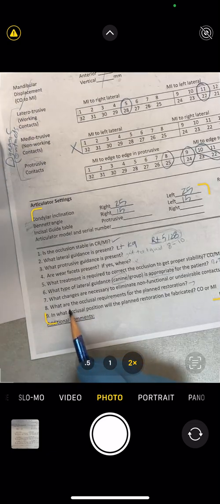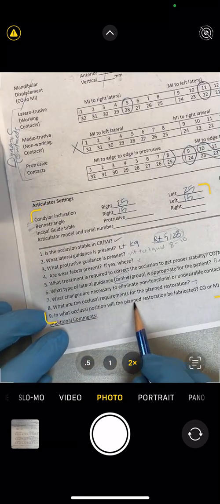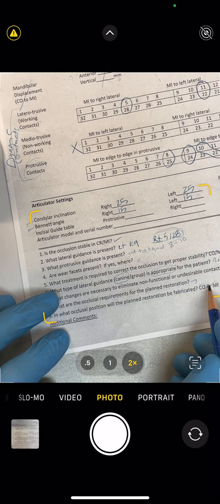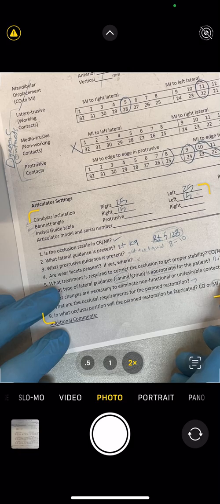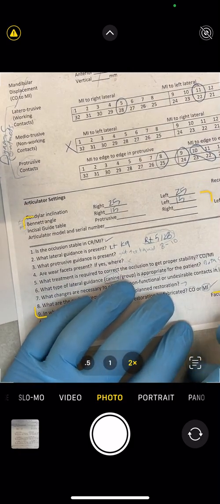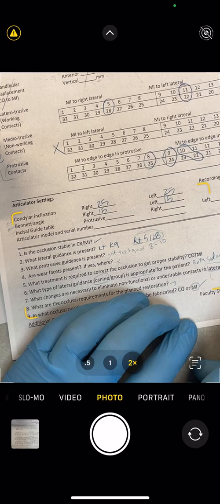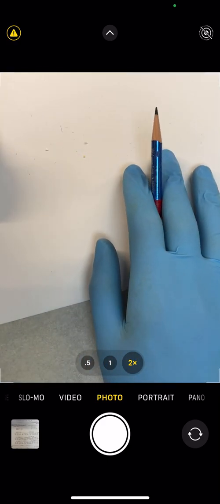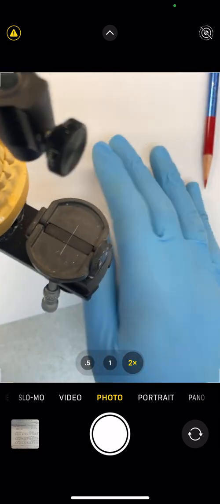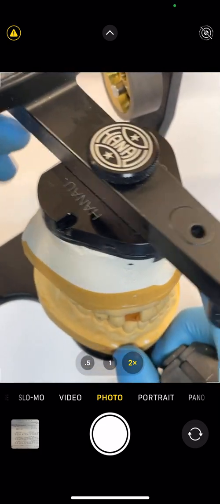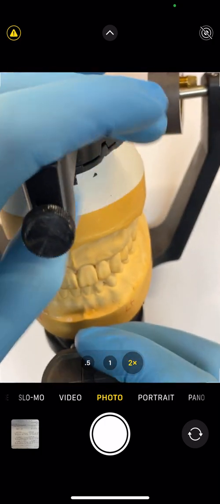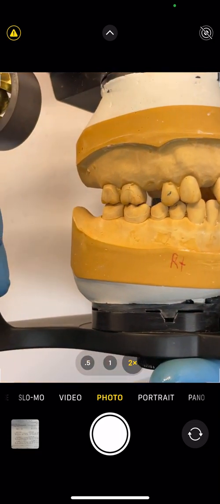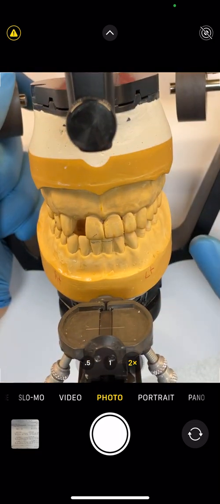The last question: in what occlusal position will the planned restoration be fabricated? Centric relation, maximum intercuspation, or centric occlusion? I think it's going to be maximum intercuspation. The faculty will go over that with you and sign the case to start your waxing. So now we know what we have on our patient, and this is basically the occlusal analysis.